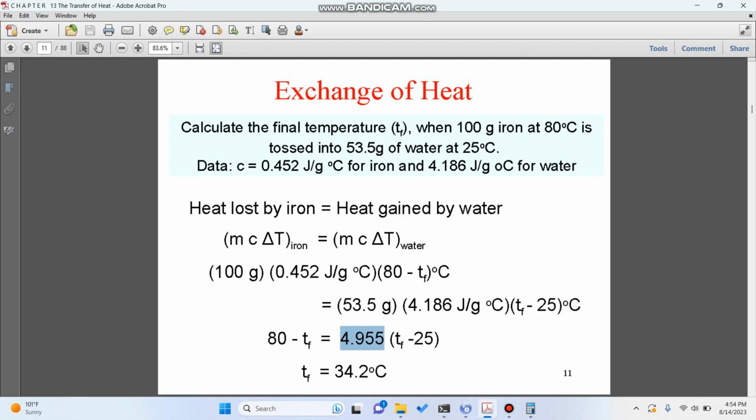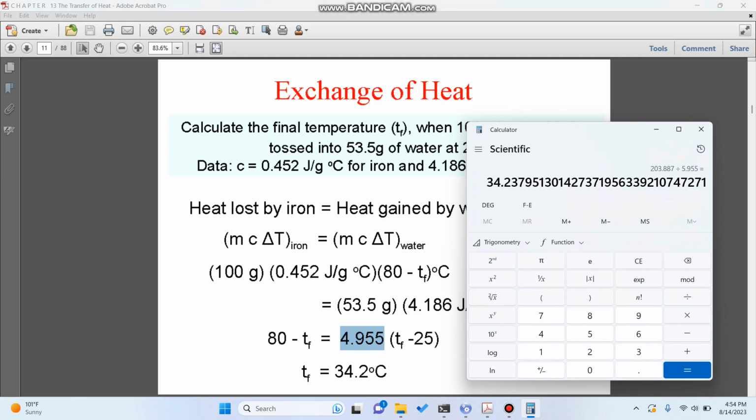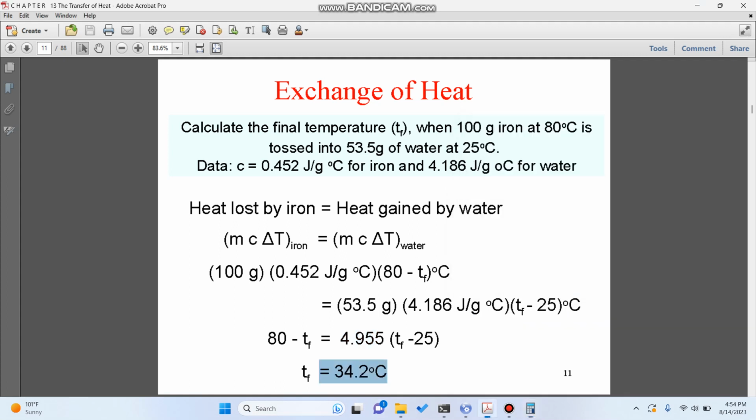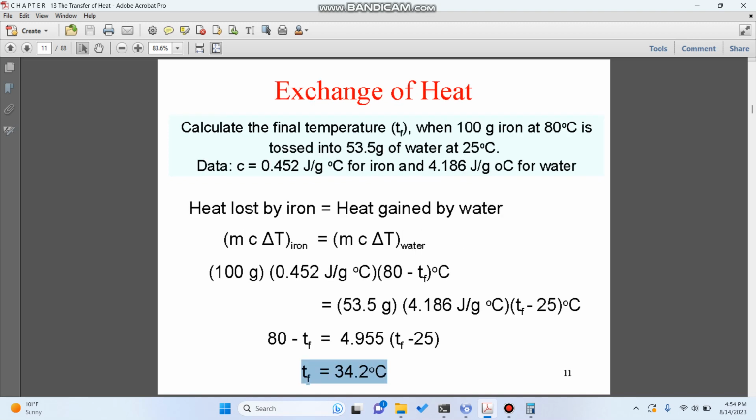TF plus 4.955 TF gives 5.955. So 203.887 divided by 5.955 gives a value of 34.27. In this way questions might also come. This is called exchange of heat. Previously the equation was the calculation of sensible heat, but here it is exchange of heat.